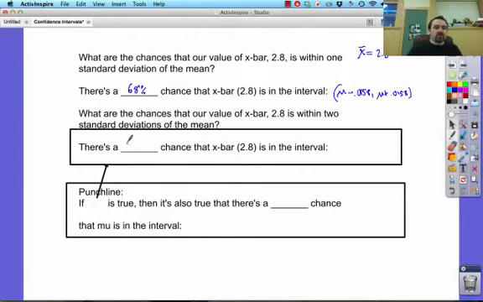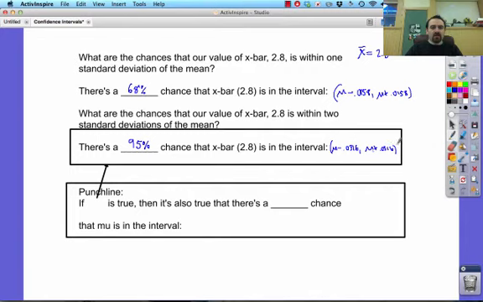How about two standard deviations of the mean? Well, that means there's a 95% chance that it's in the interval from mu minus 0.0316 to mu plus 0.0316. Okay, here's the punchline.